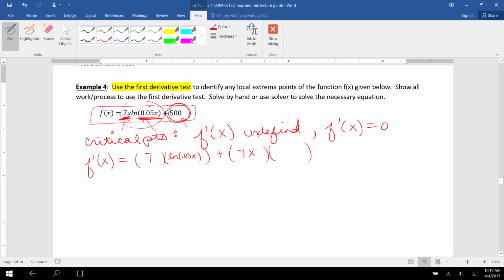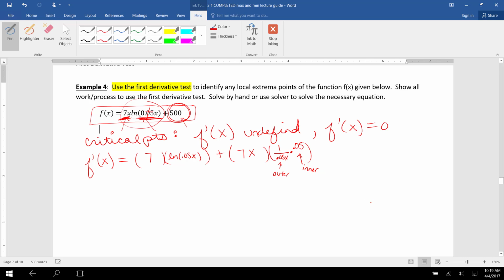We think of it as ln of t, so the derivative of the outer function is 1 over t, which is 1 over 0.05x. That's the derivative of the outer function. Times, we have to multiply by the derivative of the inner function, the derivative of t. T is 0.05x, so the derivative of t is 0.05. So there is the derivative of the inner function.